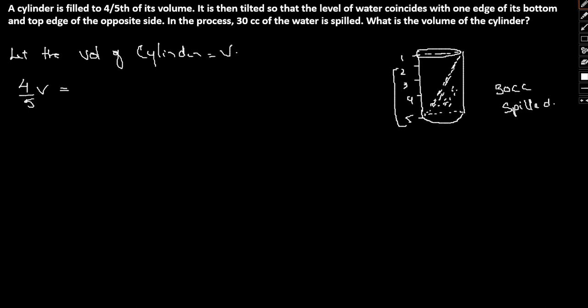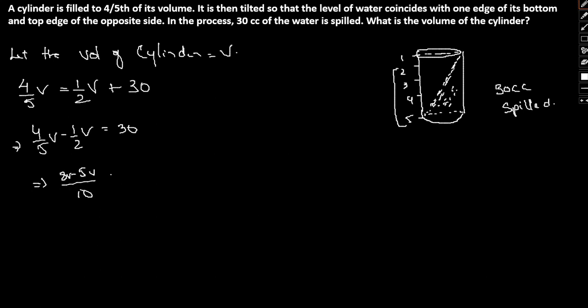After tilting, half the volume of the cylinder remains, as we can see from the diagram itself, plus the 30 ml or the 30 cc that has been spilled. So if I solve this, 4/5 V minus V/2 equals 30, so (8V minus 5V)/10 equals 30, 3V equals 300, so the volume V will simply be 100 cc.